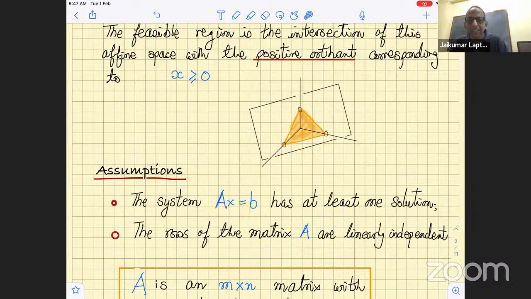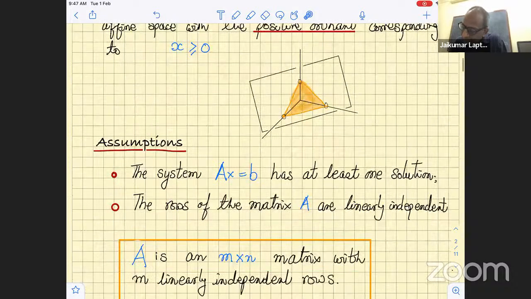And we determine whether it has at least one solution. If it does not have any solution, we just declare the linear program to be infeasible and we are done. So this is one ad hoc initial Gaussian elimination step that we perform to determine if this system has a solution.